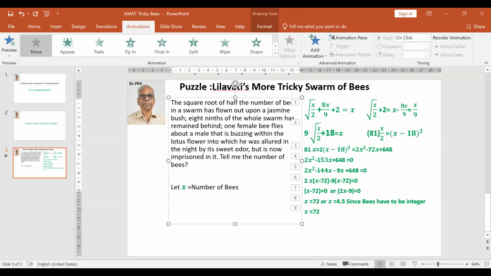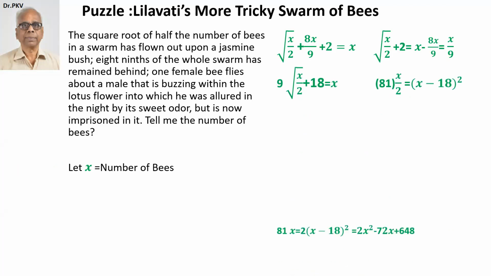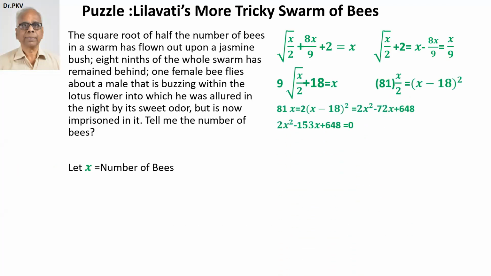To make things a little better, X is equal to number of bees. When I put this, I think you can read it out now. Number of bees is X, so all these equations follow. I just thought I should clarify this. I assumed all of us are fairly familiar, but I make it clear to you now. X is the number of bees, and these are the sets of equation steps in an algorithmic manner.